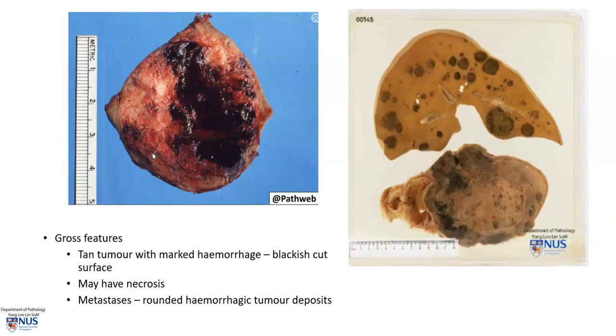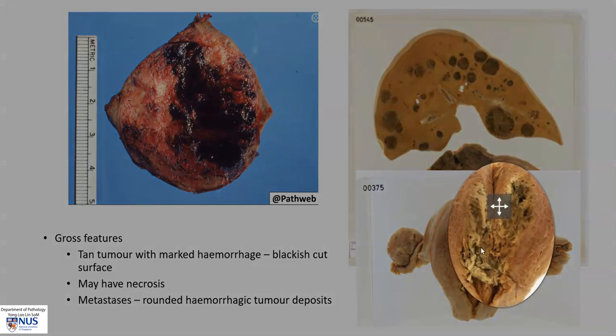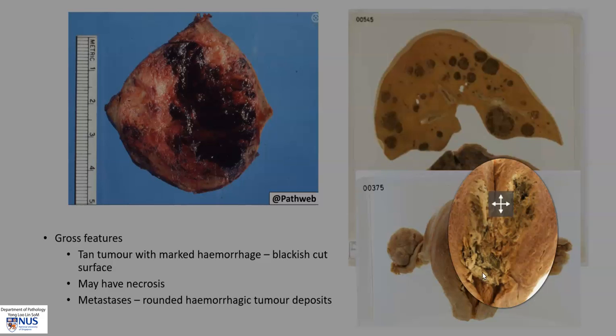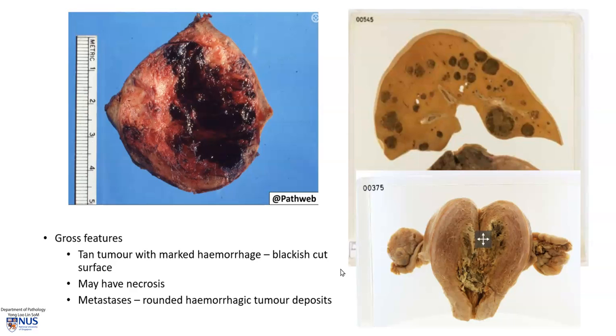Here is an example of a fresher tumor where we can see the fleshy tumor parenchyma as well as many dark blackish areas of hemorrhage. And here is an example of a choriocarcinoma in the uterus. This is the area of the tumor with blackish hemorrhage as well as pale necrotic tissue. And this is taken also from our virtual pathology museum.